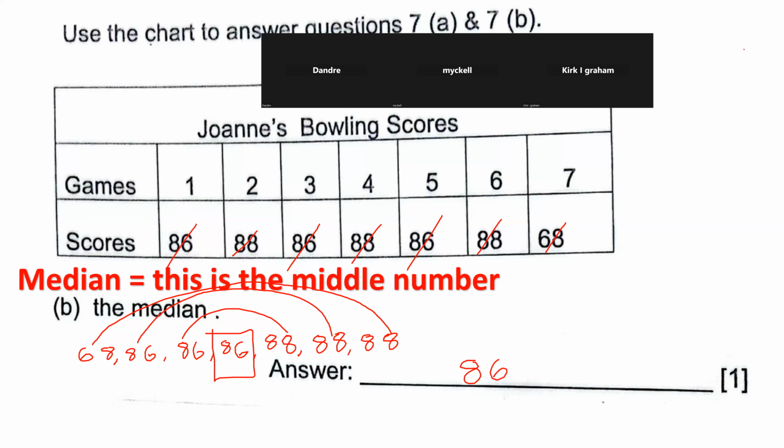Diana, what is the median? The median is the middle number, and the answer is 86. Good. What must we do in order to find the median?